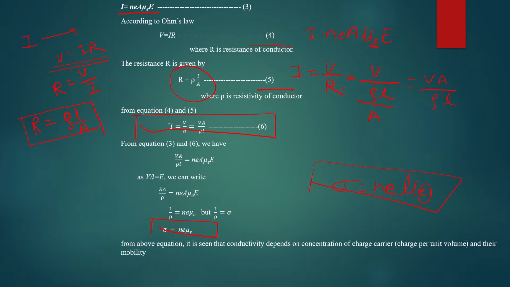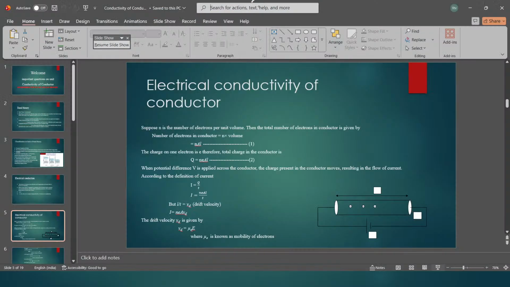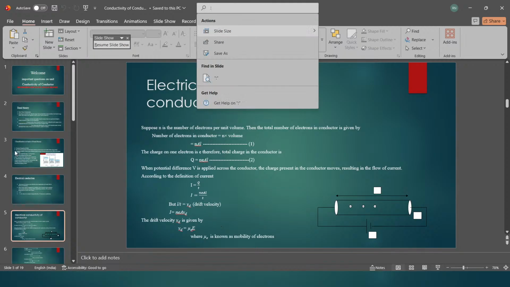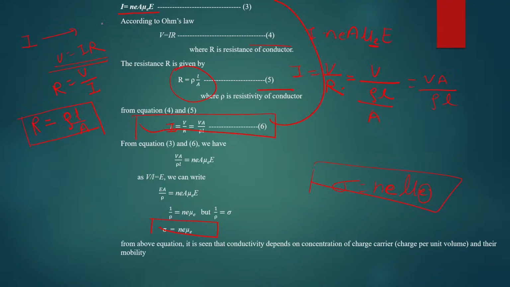Whenever we are finding the value of I here, this I value is from equation number 3, which came from the initial ones. So this equation and this equation are both current equations. What we are doing is just equating both the same values. One I value I am writing here, and another I value I am writing here.